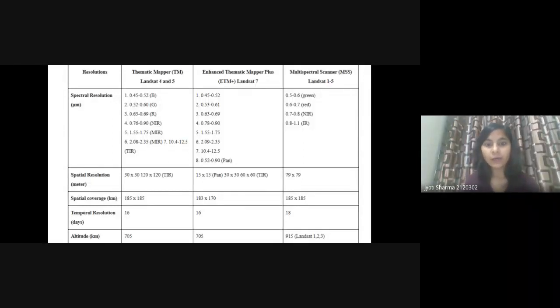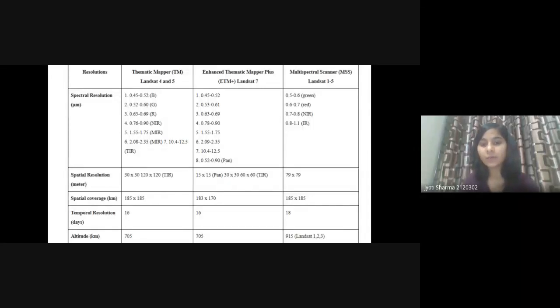Here there is one data set, known as Landsat. Landsat has different versions. Once upon a time, it was Landsat 4 and 5 data. Then something was added to that data, and this data set is known as Landsat 7.